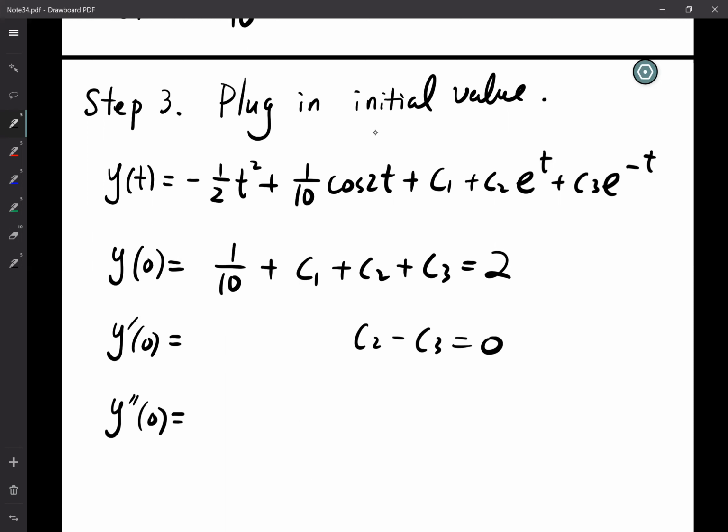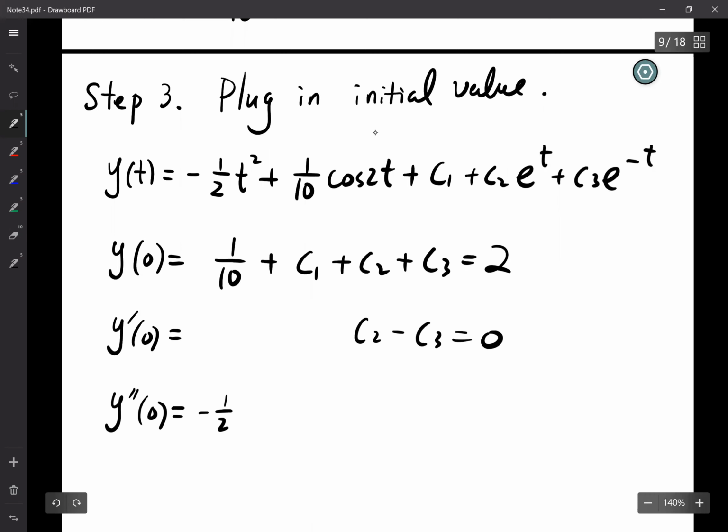Double prime here is minus 1/2. This one, double prime, first I have a minus 1 over 5. Sorry, so first of all, I have a 1 over 10, so minus 2 sine 2t.